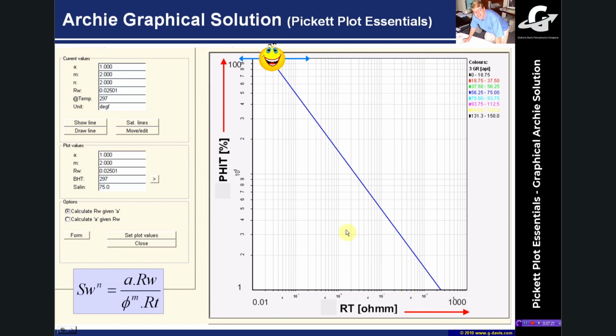So if we want to know what is the resistivity of our fluid, well, first of all, it depends on a couple of factors. It's no good just quoting a resistivity, in this case 0.02501 meters. What does that mean? Well, it's highly dependent. It depends on what temperature you're measuring it at and what salinity you have.